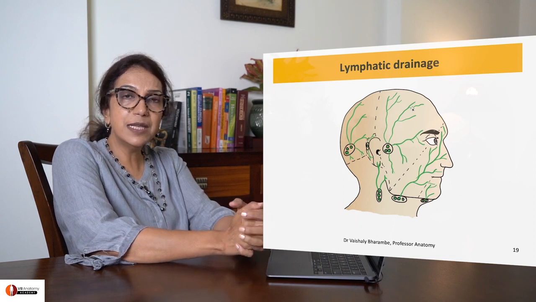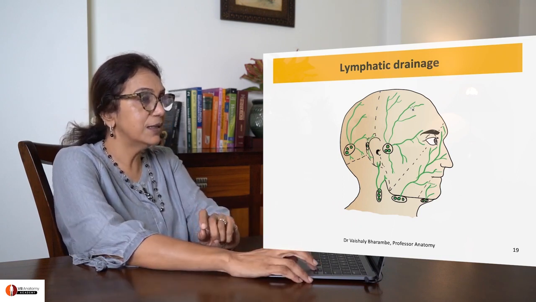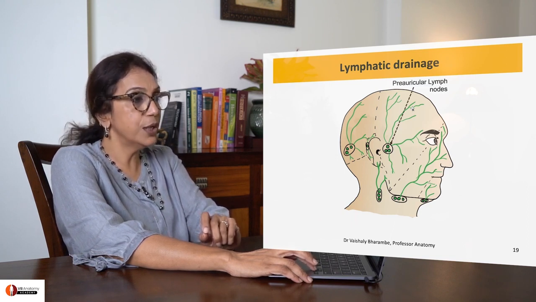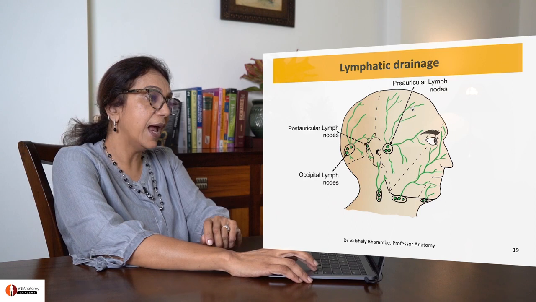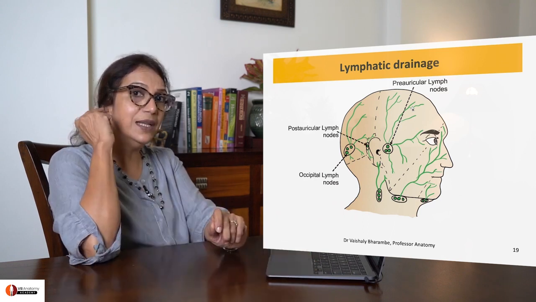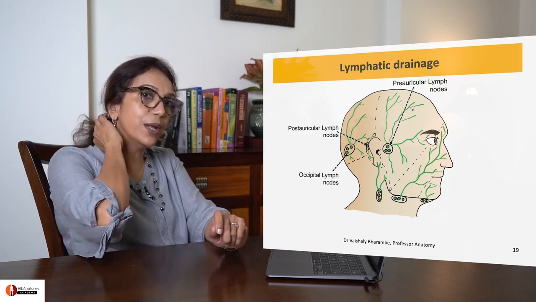Let's now come to the last part of this class, which is lymphatic drainage. As you can see here, the anterior part of the scalp drains into pre-auricular lymph nodes. The posterior part of the scalp goes to occipital lymph nodes and to the post-auricular lymph nodes. So either the lymph nodes are in front of your ear or behind the ear or low down here.